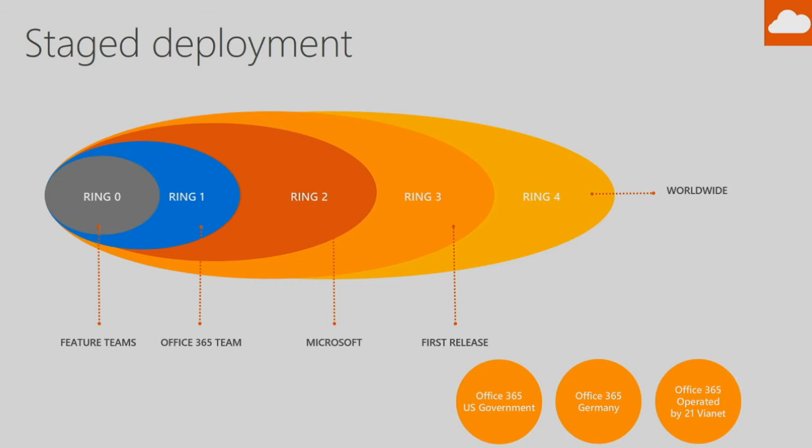Considering the number of employees we have, this is a huge tenant, and a lot of scale issues are found in this ring. Next, it goes to what we call SIP, or the first release ring, and the first release customers get to experience it. Only after all these rings are passed does it go worldwide. So we have enough baking, with a lot of test cases run throughout these rings, so that if something slipped and change management was not followed, it really doesn't affect the production customers.